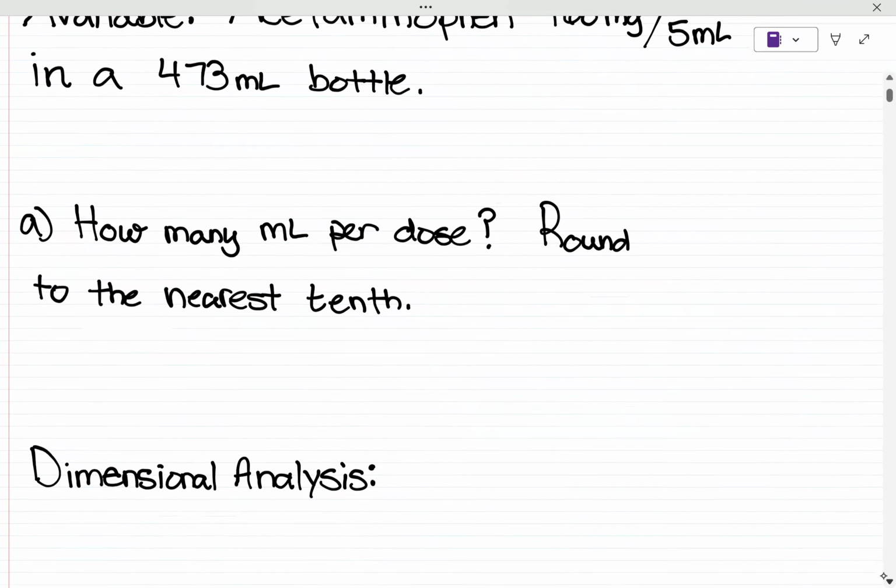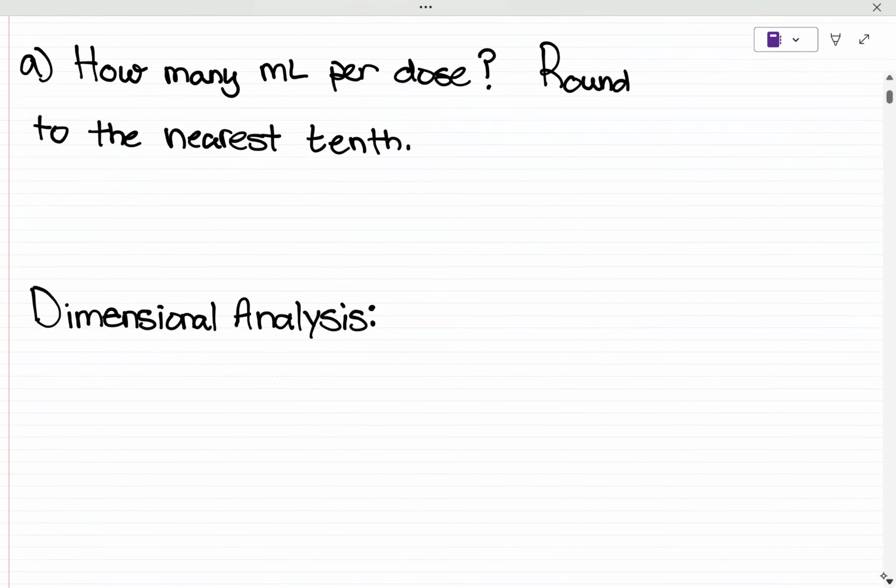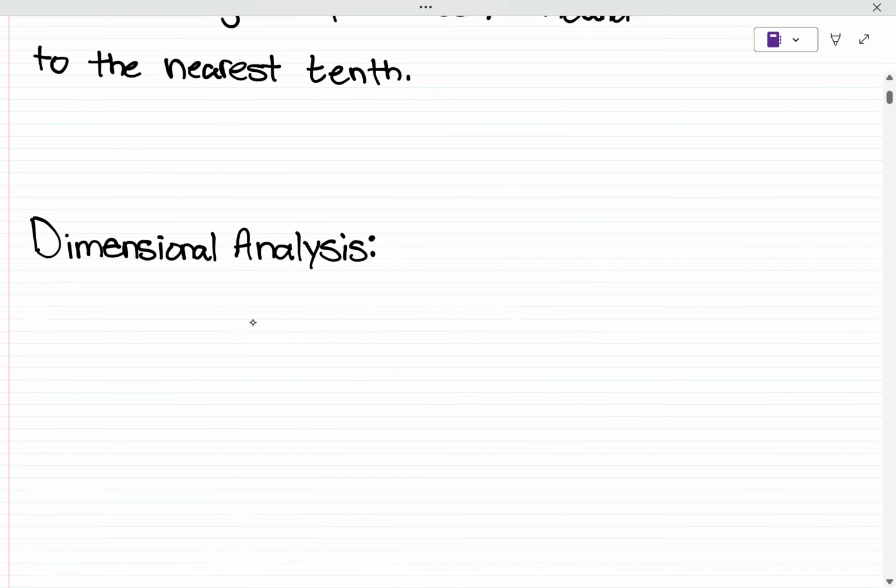We can do the same process, the dimensional analysis. How do we start? It's like chemistry stoichiometry. You start with 240 milligrams. The question asks how many milliliters, so our final unit shall be milliliters.